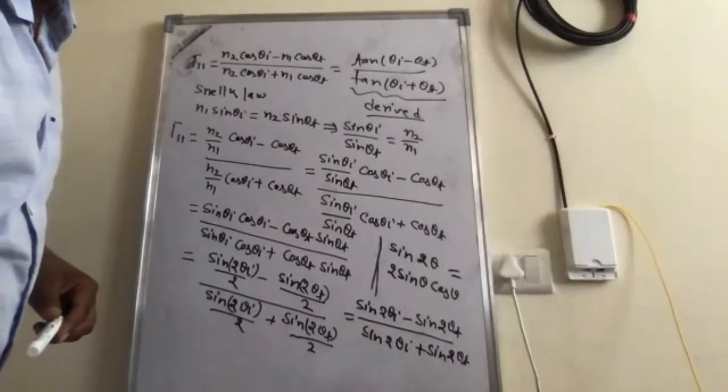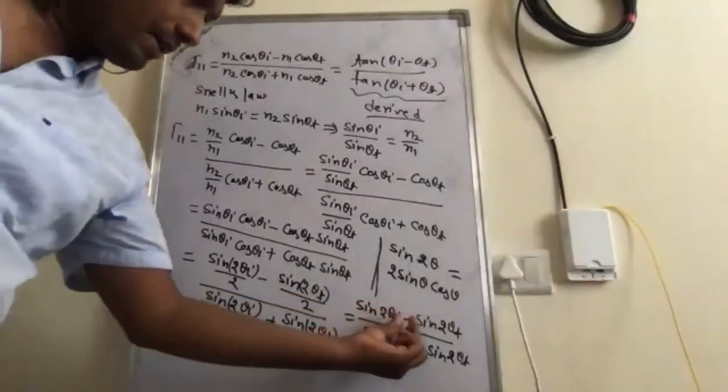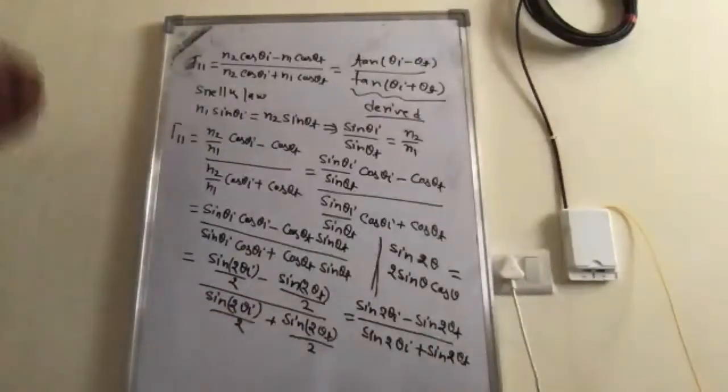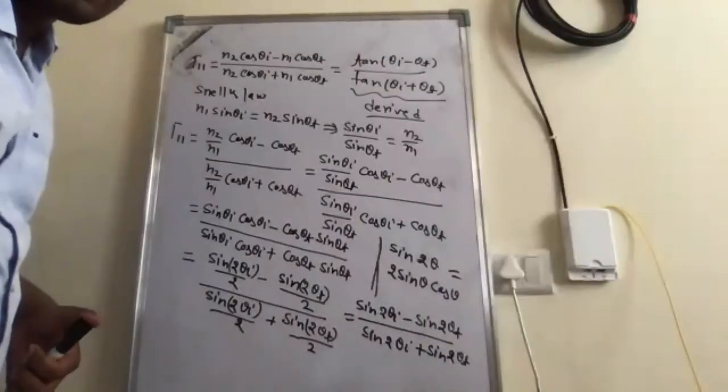Here this is sin c minus sin d, and here it is sin c plus sin d. So what is the identity for sin c minus sin d? Anybody?